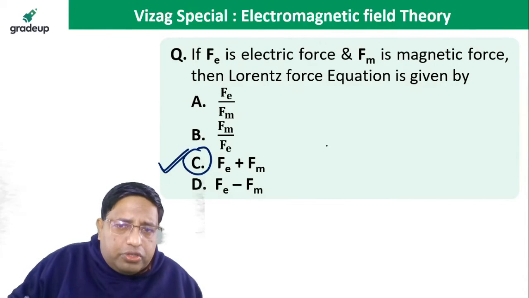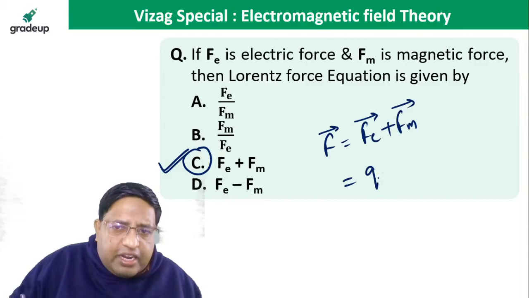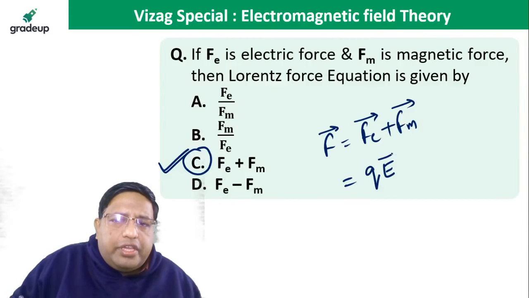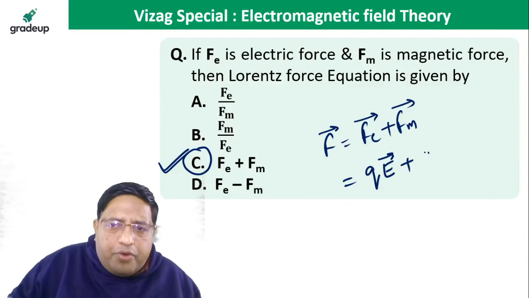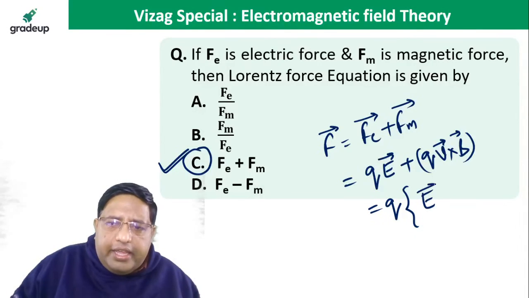So Lorentz force is Fe plus Fm. What is the electrical force? Electrical force is QE. And what is the magnetic force? QV cross B. So if you take Q common, it is E plus V cross B.